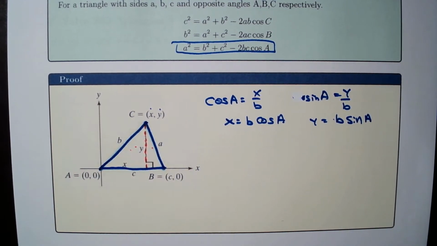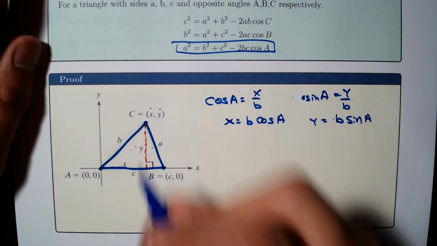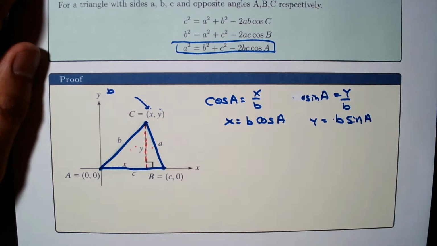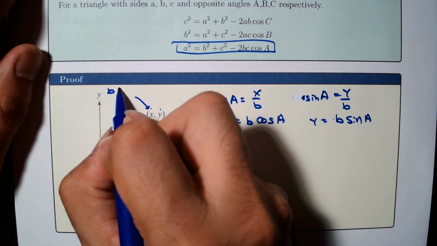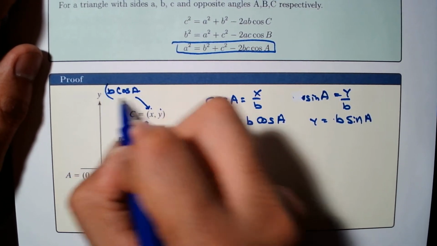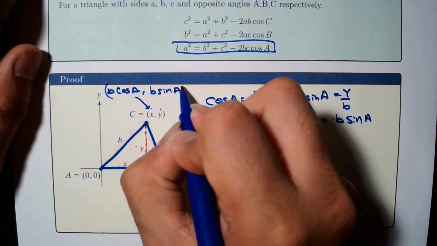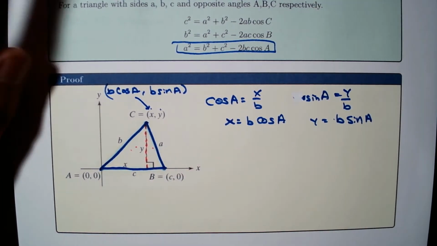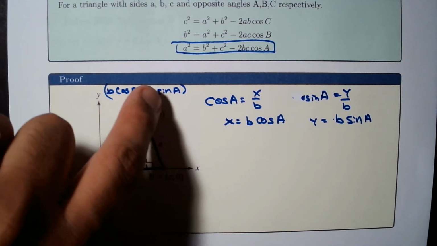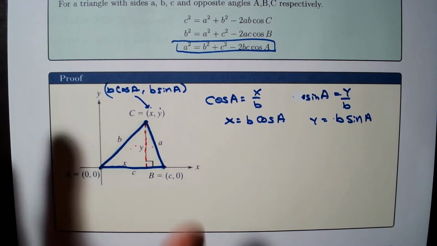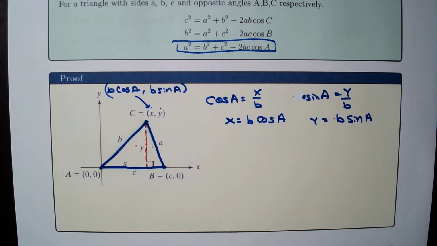So the point right here is going to be b cosine A and b sine A. Again, recall that the points on a circle of radius r are of the form cosine comma sine, even though we're not looking at circles, thetas and radii. But the same idea is going to come into play here.